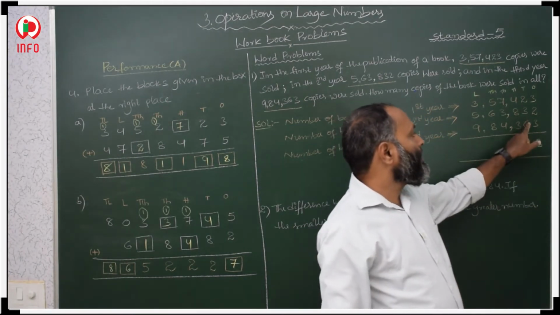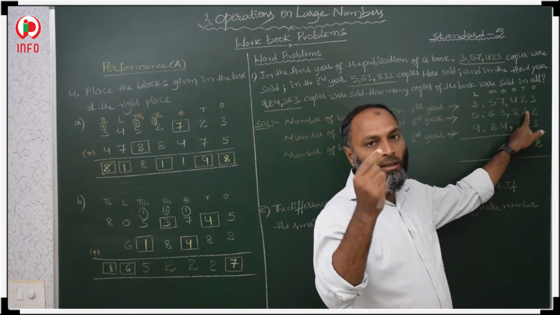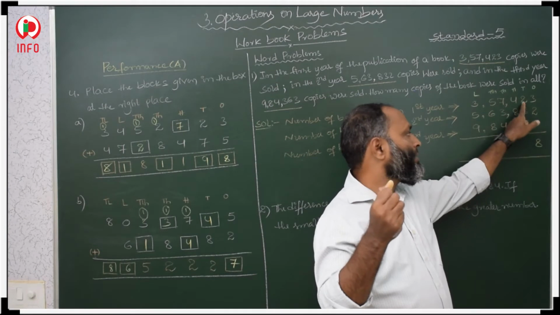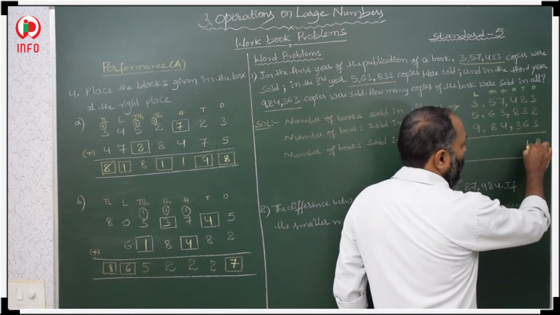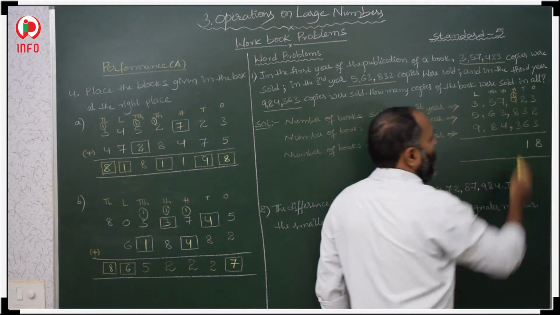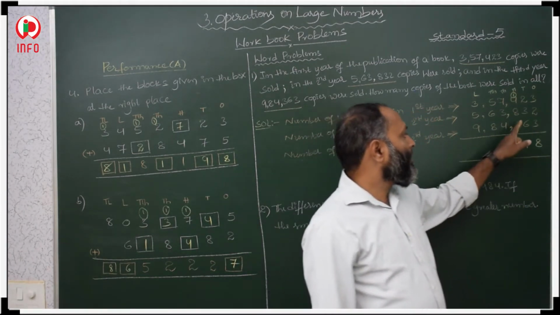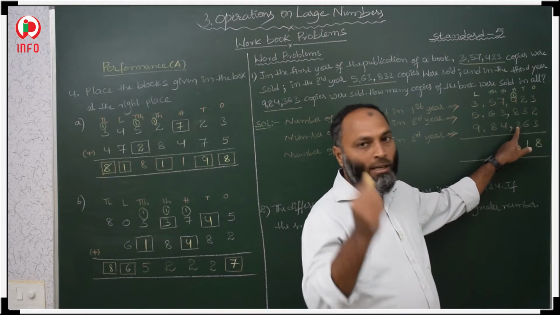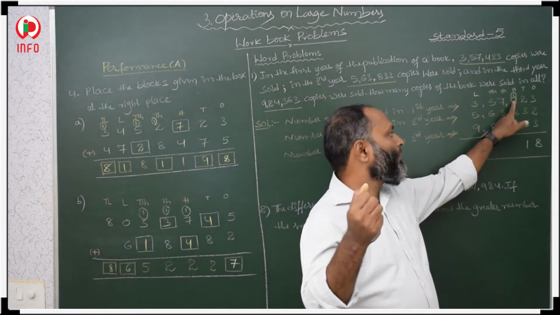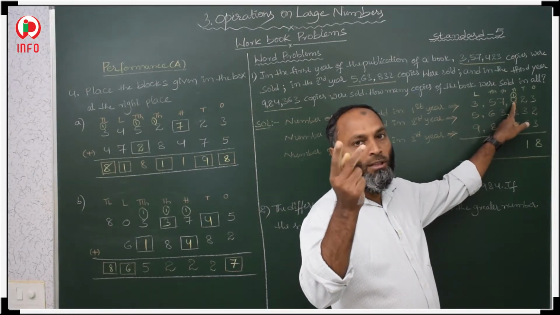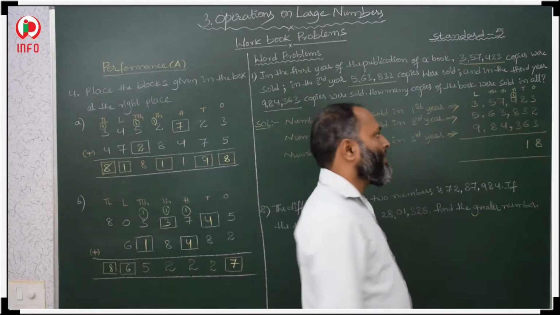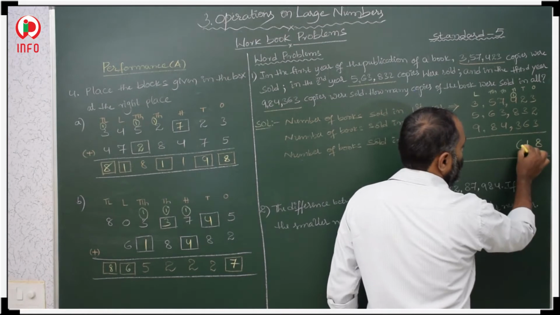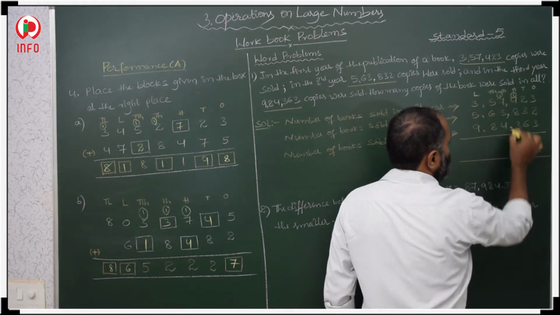Now 6 plus 3 is 9, 9 plus 2 is 11. 11 means 1 in the tens place, 1 carried to the hundreds place. Then 8 plus 8 is 16, 16 plus 4 is 20, plus 1 is 21. Hundreds place gets 6 and 1 goes to the thousands place.